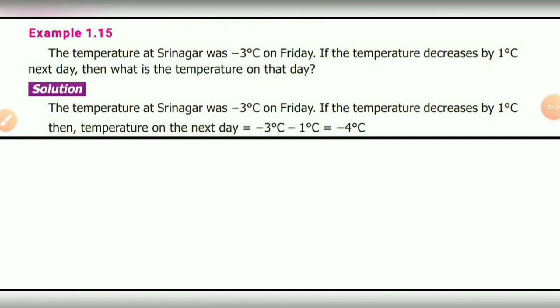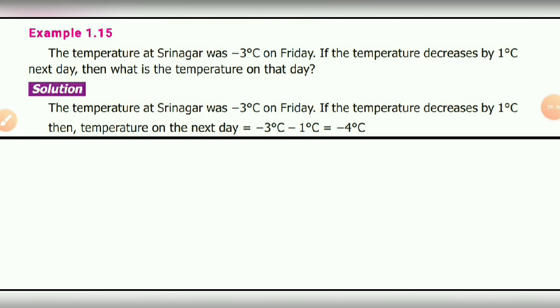Example 1.15. The temperature at Srinagar was minus 3 degrees Celsius on Friday. If the temperature decreases by 1 degree Celsius the next day, then what is the temperature on that day? Listen to the solution of the sum. Minus 3 degrees means it is a negative value. 0 degrees is the freezing point of temperature, so minus means it is very cold.